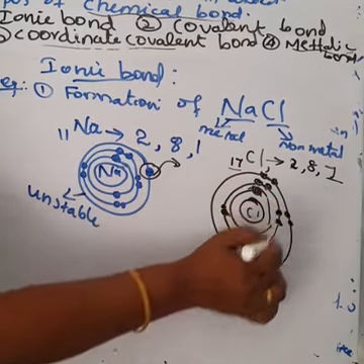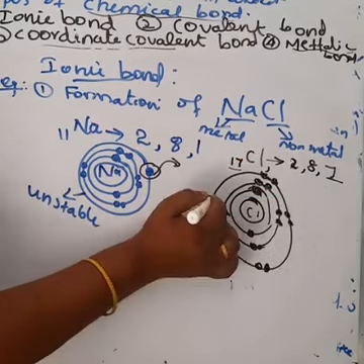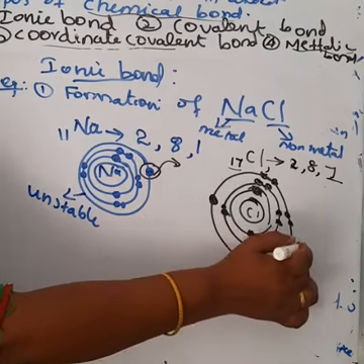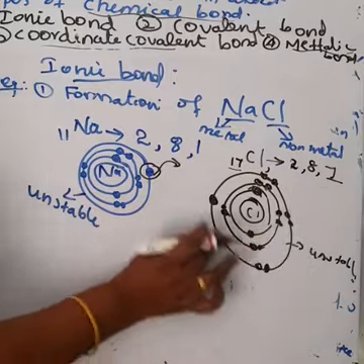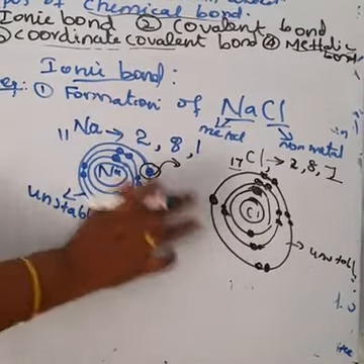Is the chlorine atom stable now? No, it is not stable, because it has 7 electrons in its outermost orbit. It should have 8 electrons in its outermost orbit.